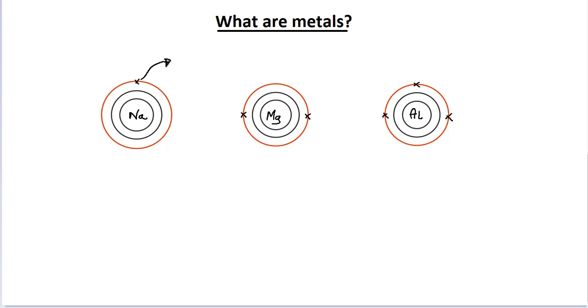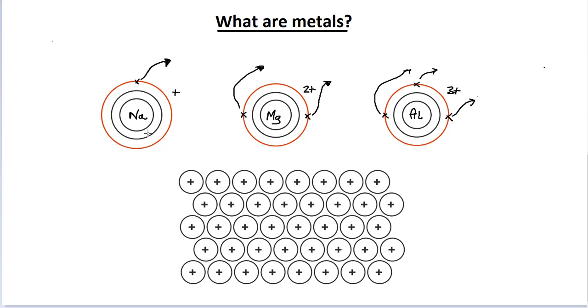Sodium will lose its outer electron, magnesium will lose 2, and aluminium will lose 3, resulting in a positive sodium ion, a 2+ magnesium ion, and a 3+ aluminium ion. In order to obtain a stable structure, the positive ions will look like this.